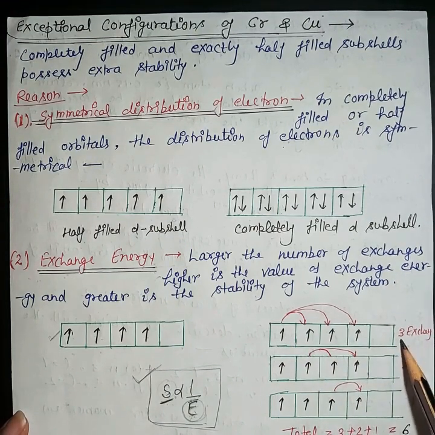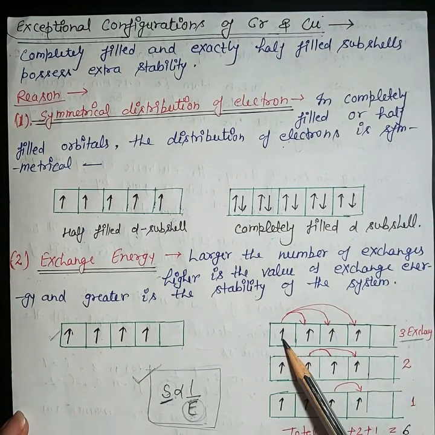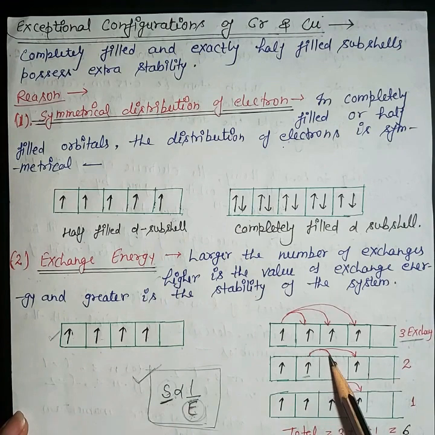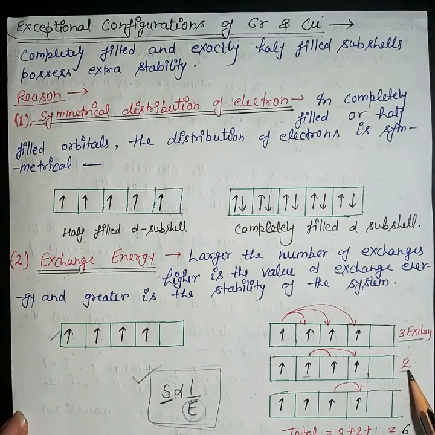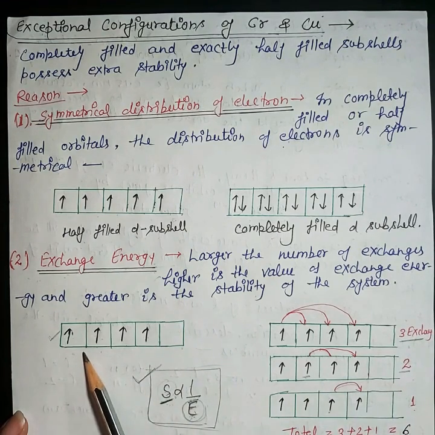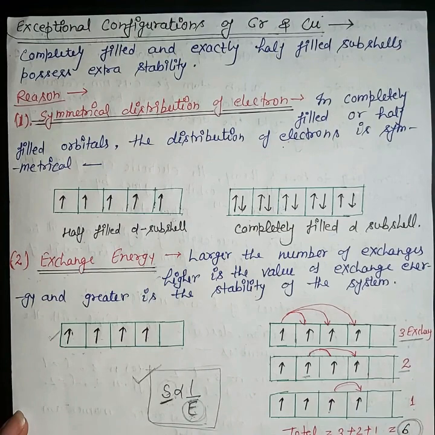The second electron can exchange its position with these 2, so 2 exchanges are possible, and for the third electron only 1 exchange is possible. So for this distribution, the total number of possible exchanges is 6.